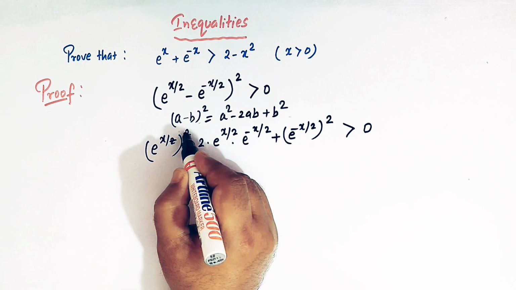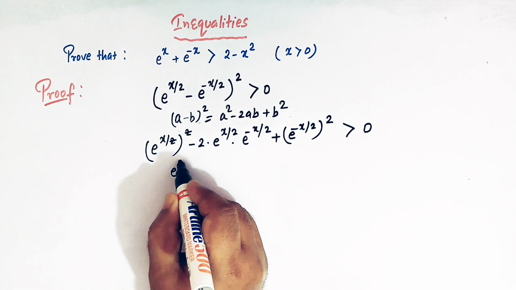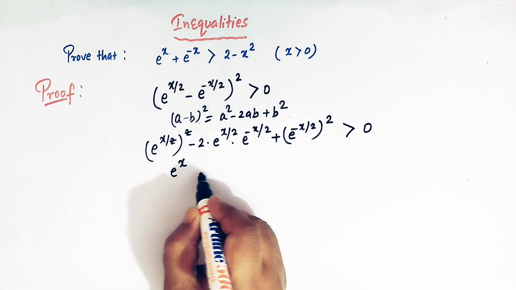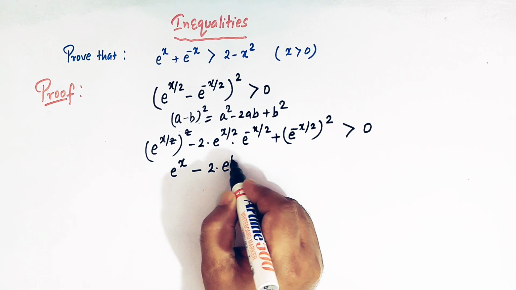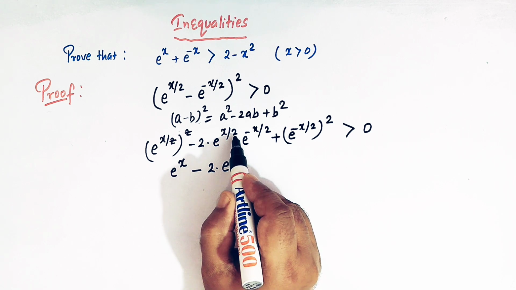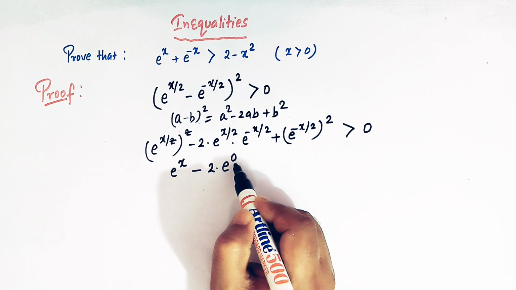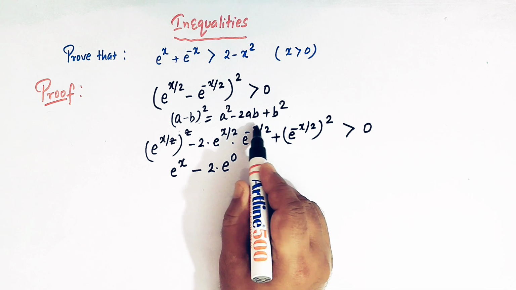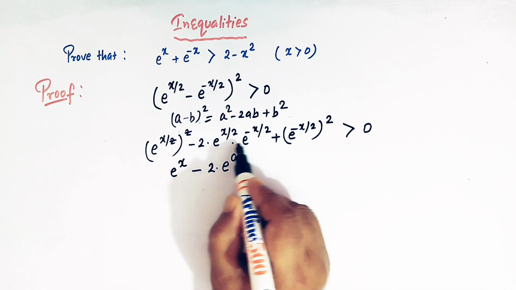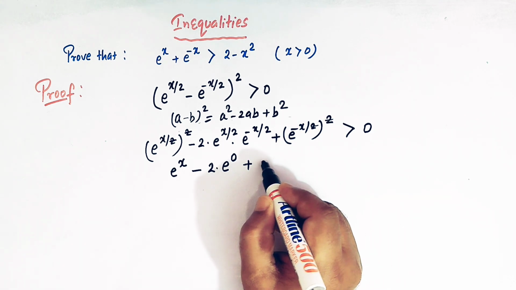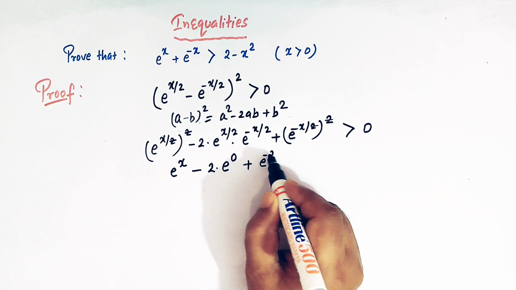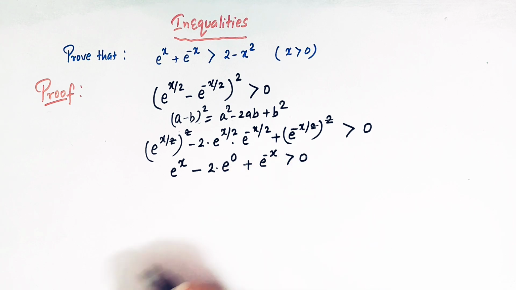Here the 2 and this 2 get cancelled, so we are left with e^x. Then we have minus 2 times e^0, because x/2 minus x/2 is 0. Here we have used the laws of exponents, and the 2 and 2 get cancelled, so we are left with e^(-x) greater than 0.